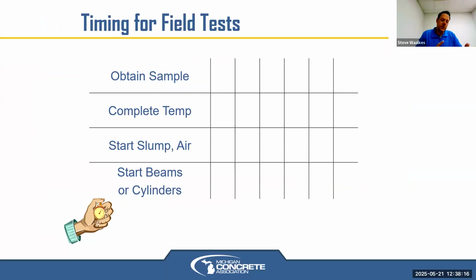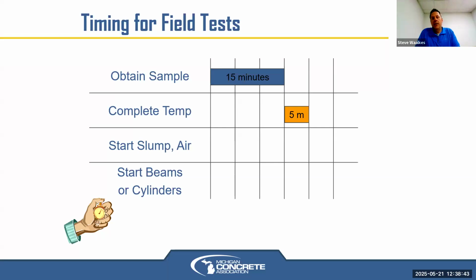If you don't follow the rodding procedure, the tapping procedure, and the curing, and all these different things, it typically negatively impacts your strength. It doesn't usually add strength to the concrete. The more we do to the concrete after it's been mixed and placed, typically does not add to the concrete strength.